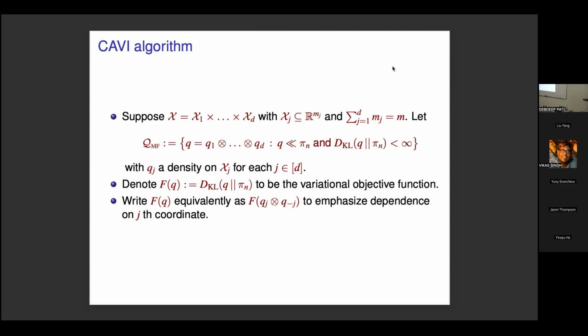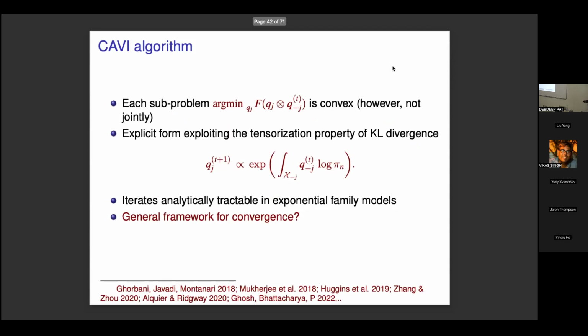As we discussed a while ago, you can do coordinate ascent, meaning that you update one variable at a time, fixing the other variables. In that case, the problems are convex, and you can write down the explicit form for the updates. You can look at exponential family models, where the updates are analytically tractable and you can study convergence, but we want a general framework for convergence of this algorithm.